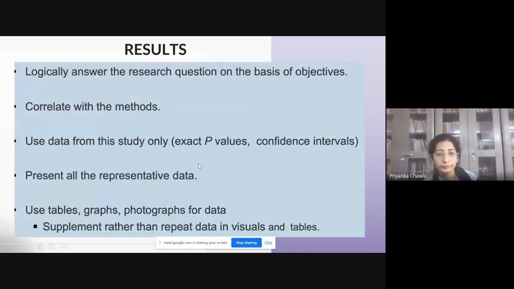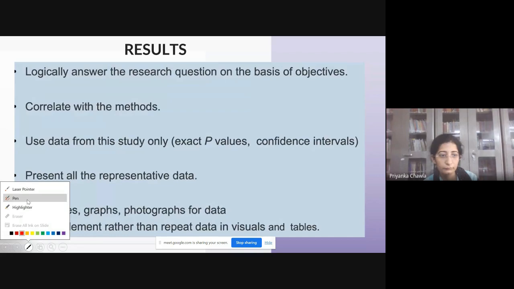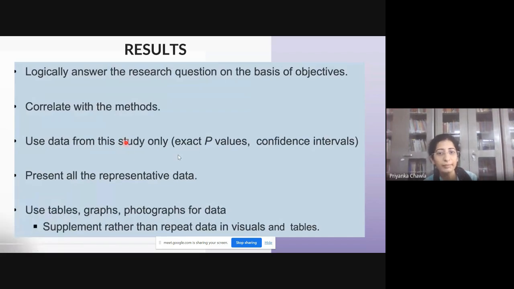Use data from the study. That means it is necessary to mention p-value, t-value, confidence level, confidence interval. In the result part, it should be supported by your p-values. Present all the representative data. If you have done SPSS, it is essential. You should show with the help of diagrams. Descriptive data is essential.